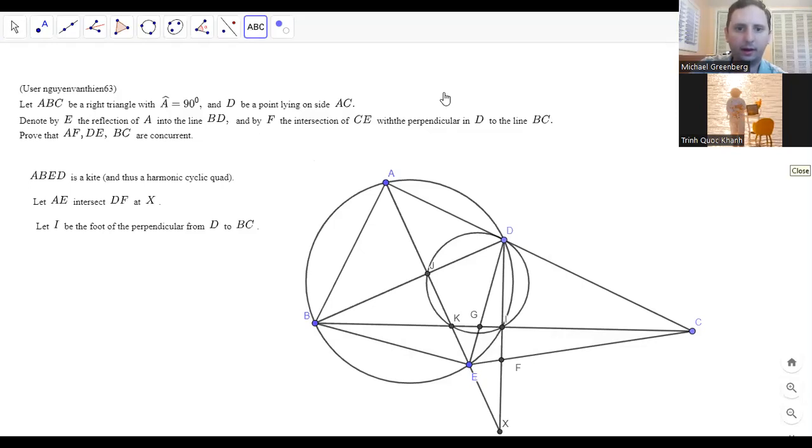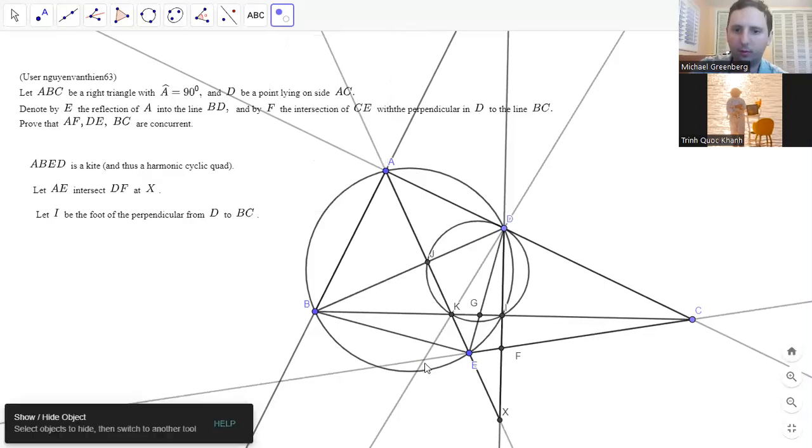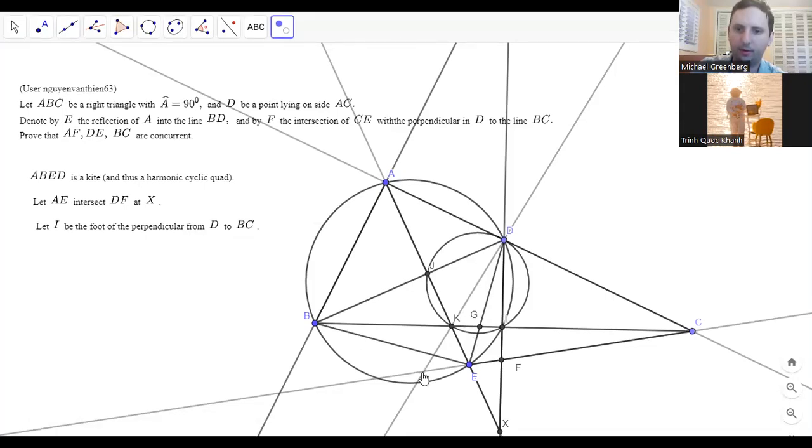Let's unhide H. Oh, wasn't H this point? We don't need that point, right? This one? Why do we need that one?